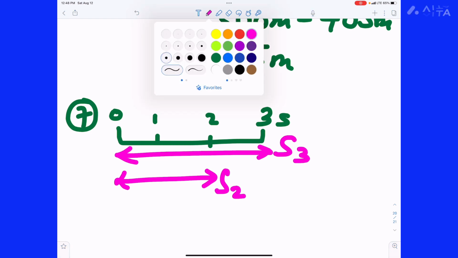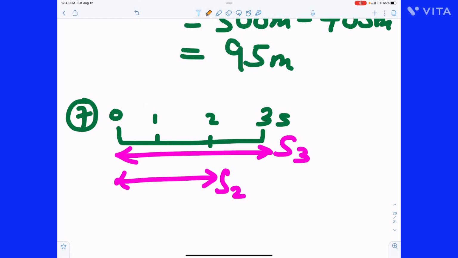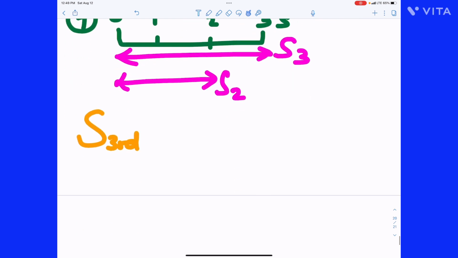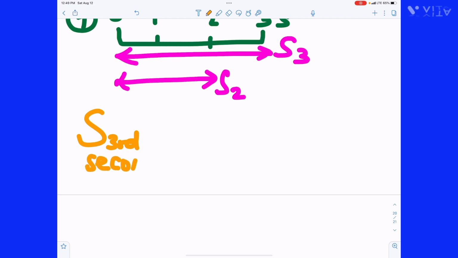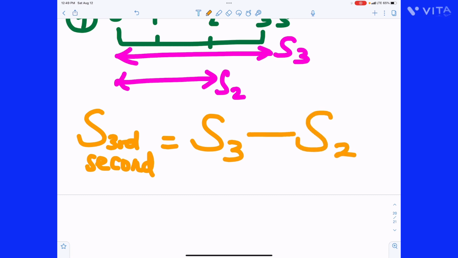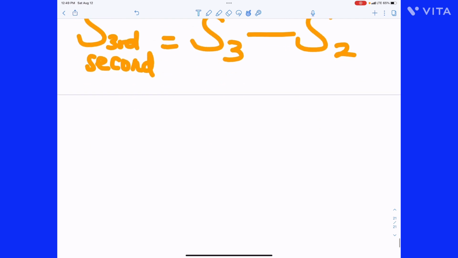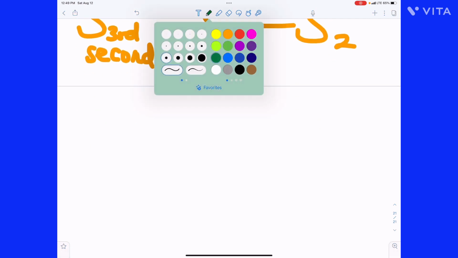So the distance traveled in the last second, or the third second, will now be equal to the distance traveled for 3 seconds minus the distance traveled for 2 seconds. Its initial velocity starts from 0.